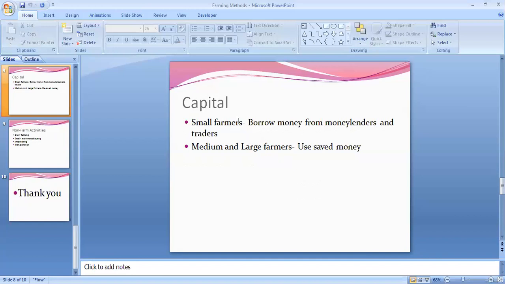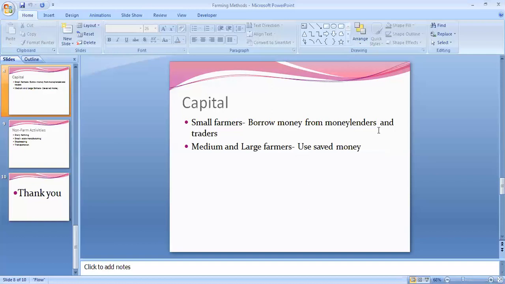It means for the arrangement of capital for the investment, small farmers borrow money from money lenders and traders. And these money lenders and traders charge a very high rate of interest on such loans.